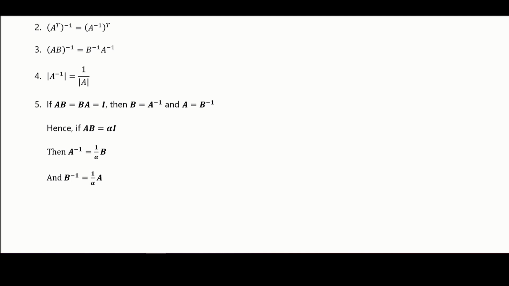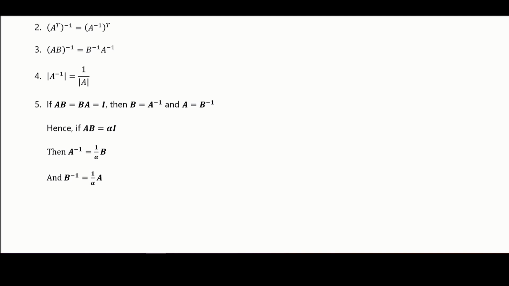So it is already multiplied with its inverse, but not the real one because it is missing the 1 over alpha. So if A times B equals alpha I, that means A inverse is 1 over alpha B, or B inverse is 1 over alpha A.